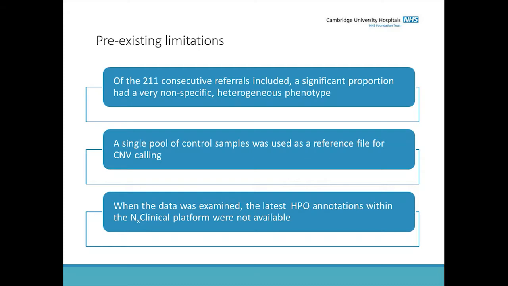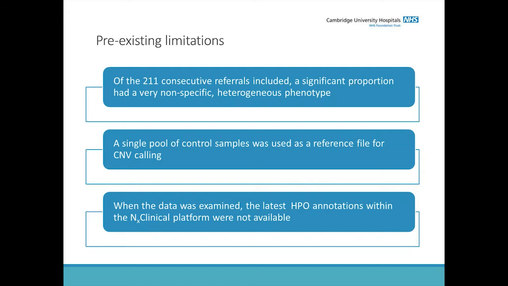Furthermore, for our integrated analysis, we're currently using a single pool of control samples for CNV calling, and this is obviously not ideal. Ideally, what you would want to use is almost like a matched control sample from within the same run.